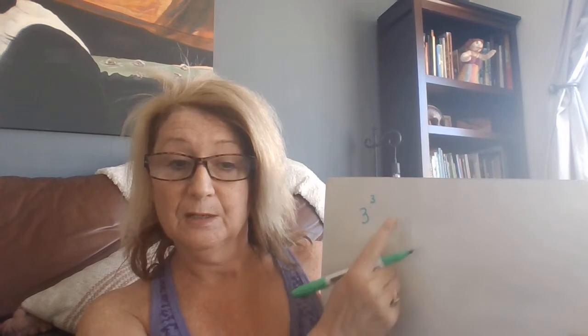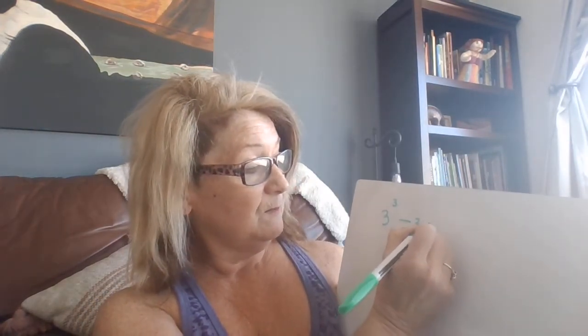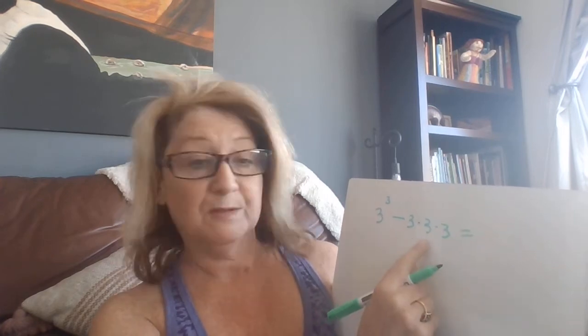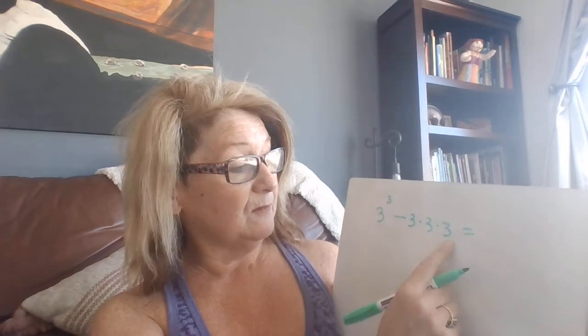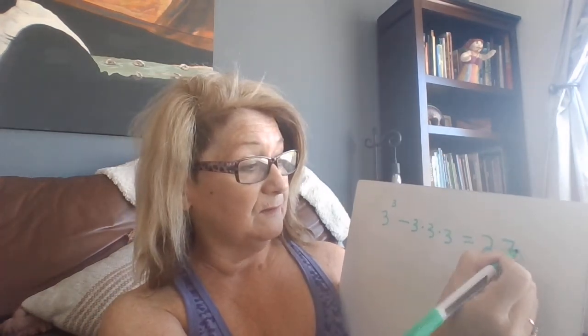If we had an exponent of 3, 3 to the third power or 3 cubed, we would say 3 times 3 times 3, which is 3 times 3 is 9, times another 3 is 27.